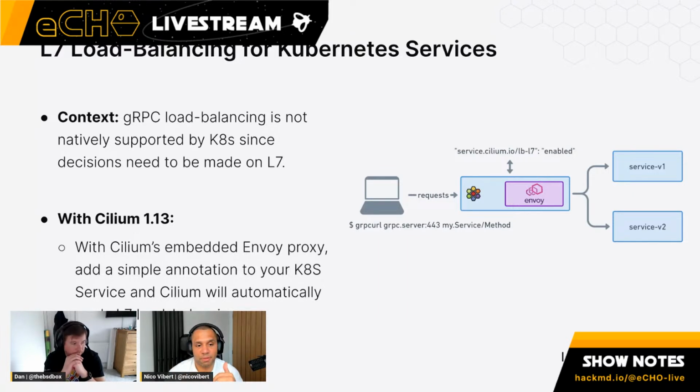We were hearing from customers, one in particular in the financial industry, and they told us they would really like it if Cilium could just use the embedded Envoy proxy, and if you just add an annotation to the service, it would automatically apply layer 7 load balancing, which is what we've built.